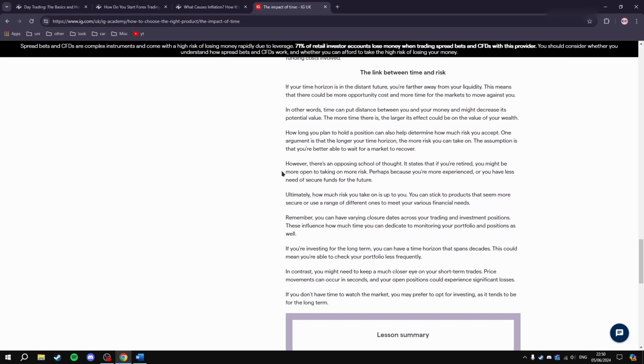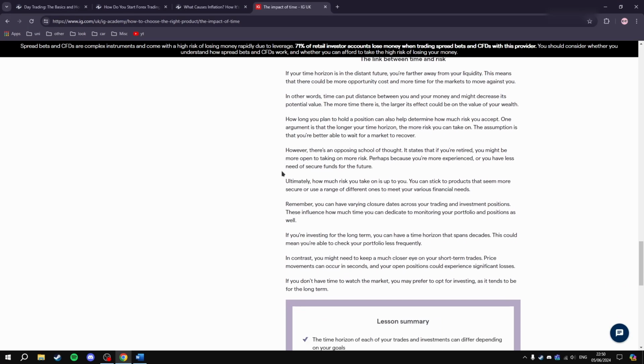Okay, the link between time and risk. If your time horizon is in the distant future, you're farther away from your liquidity.